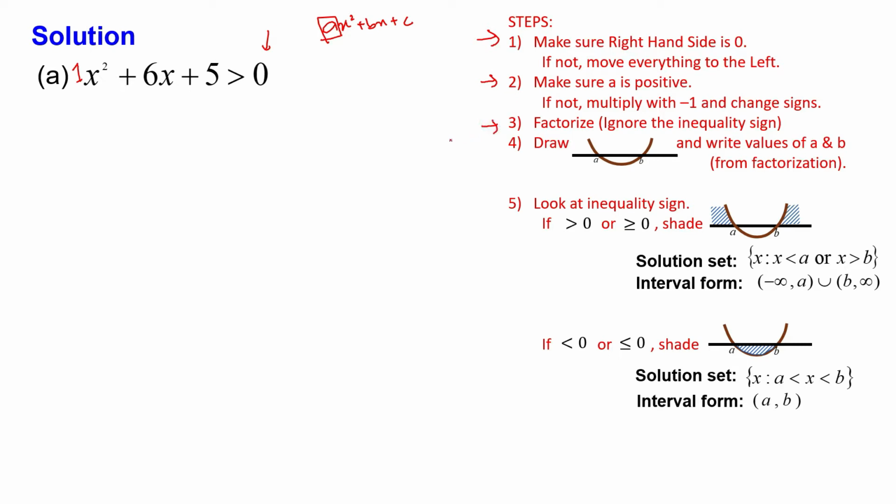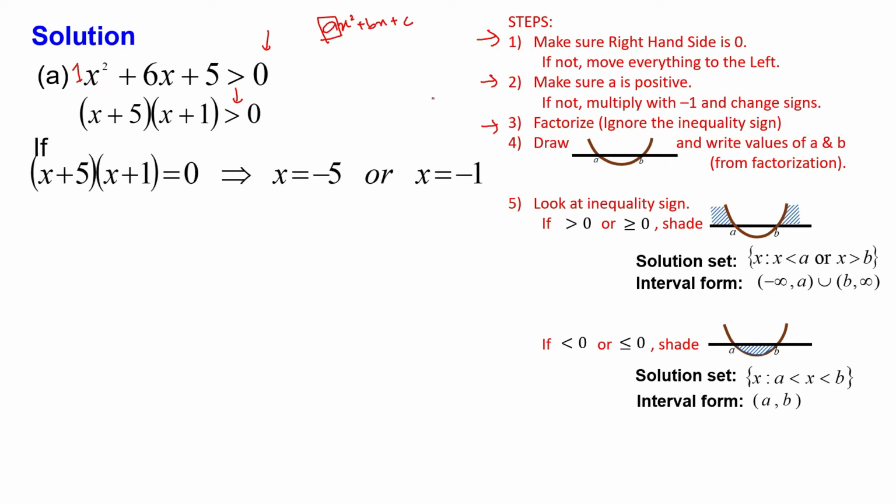Next, step 3. We want to factorize. So just factorize by using a calculator, and that's what you get. Just follow the inequality sign. Step 4. Just draw and write the values from factorization. So the values of x will be x equal to -5 and x equal to -1. Most of the students that I see, they write something like this.